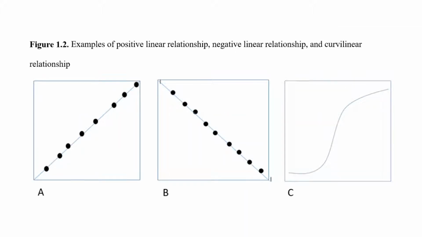Now, associations can be of many different types. Most of the time, we either talk about linear or nonlinear relationships, and most of the time we are going to see linear relationships.